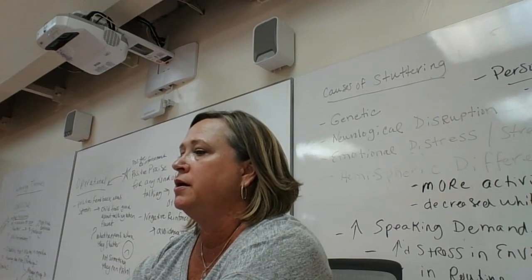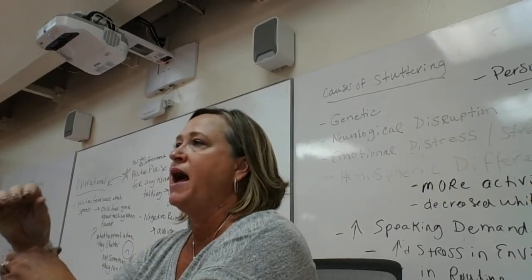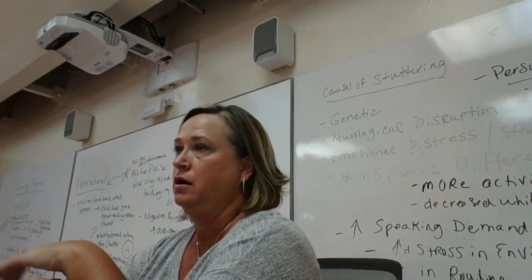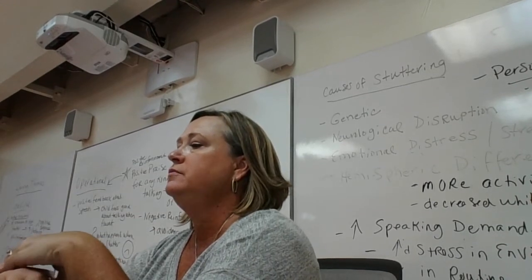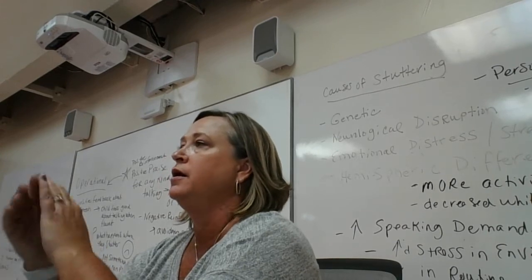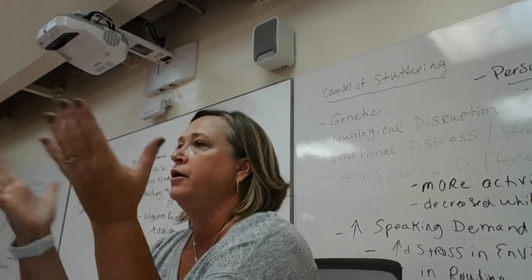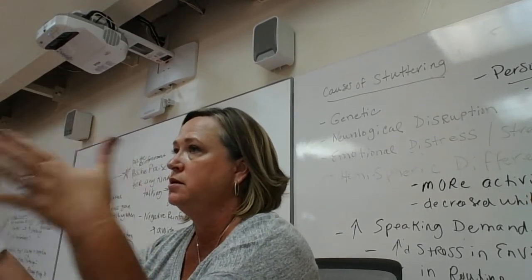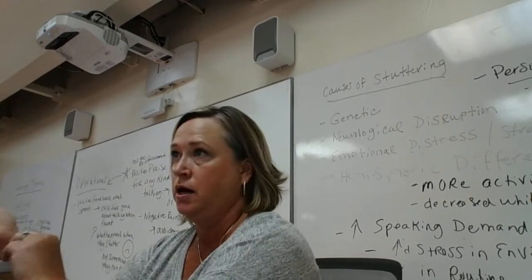Basically, what they're saying is they do see a pattern in families. Okay, they've done studies, longitudinal studies. Okay, they know that we said monozygotic twins tend to stutter more than dizygotic twins.